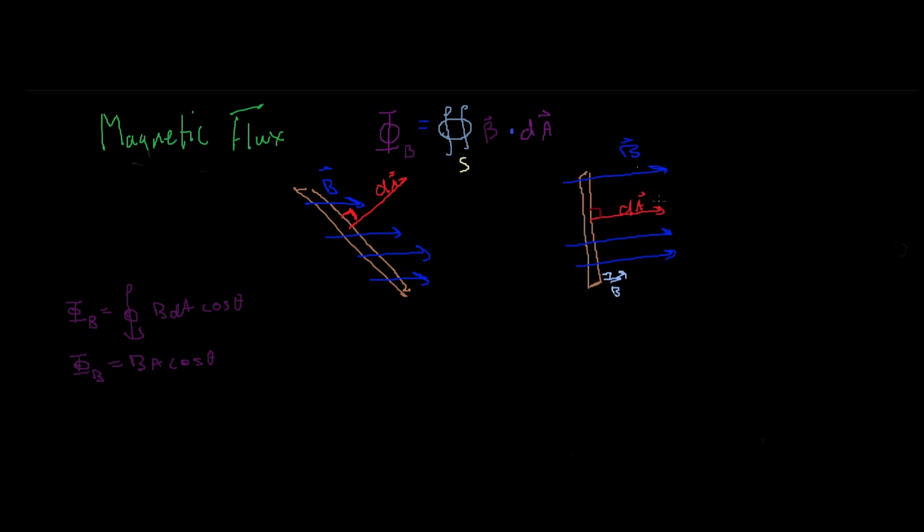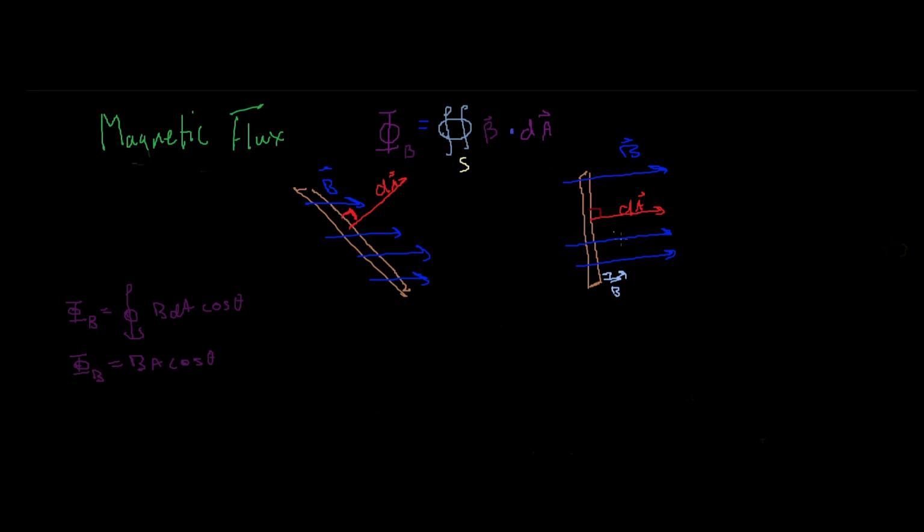So for this example, we know that we have a vertical surface here, and the area vector perpendicular to that is completely horizontal. The dA or A vector will have the same direction, just different magnitudes. We know that the magnetic field is also going in that same direction.